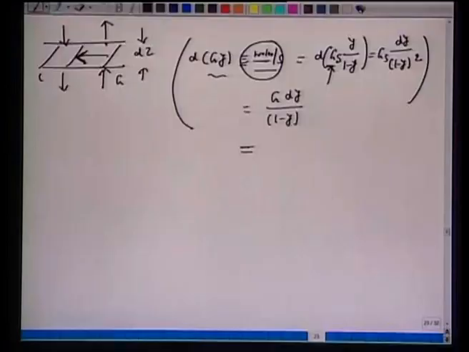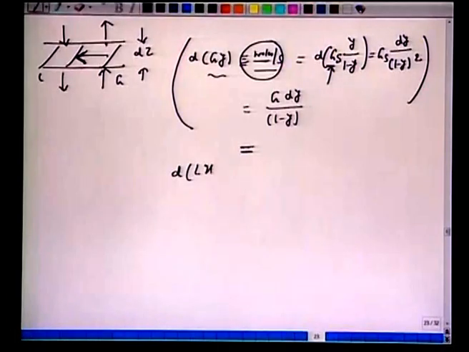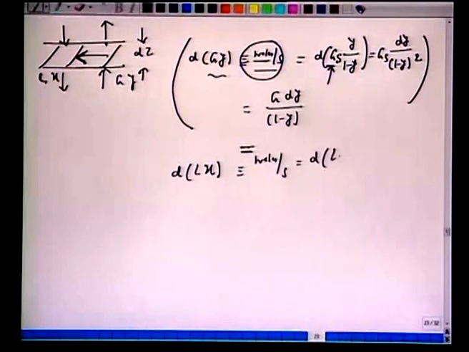The quantity which we have written in terms of the gas phase and the mole fraction y, we should have similar expressions for the liquid phase. So, this also equals, by intuition or otherwise, dLx. So this is your L, this is your x and this is your y. This is also moles per second. This will also be equal to d(Ls x over 1 minus x).